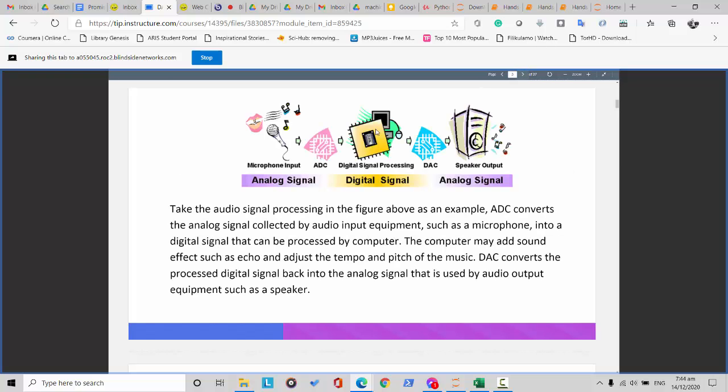Now, as you can see from the example here, the audio signal processing in the above example: the analog to digital converter, as I have said, when you hear my voice, it is being collected by the audio input equipment, which is the microphone, okay? And it is being converted into digital signal inside my laptop.